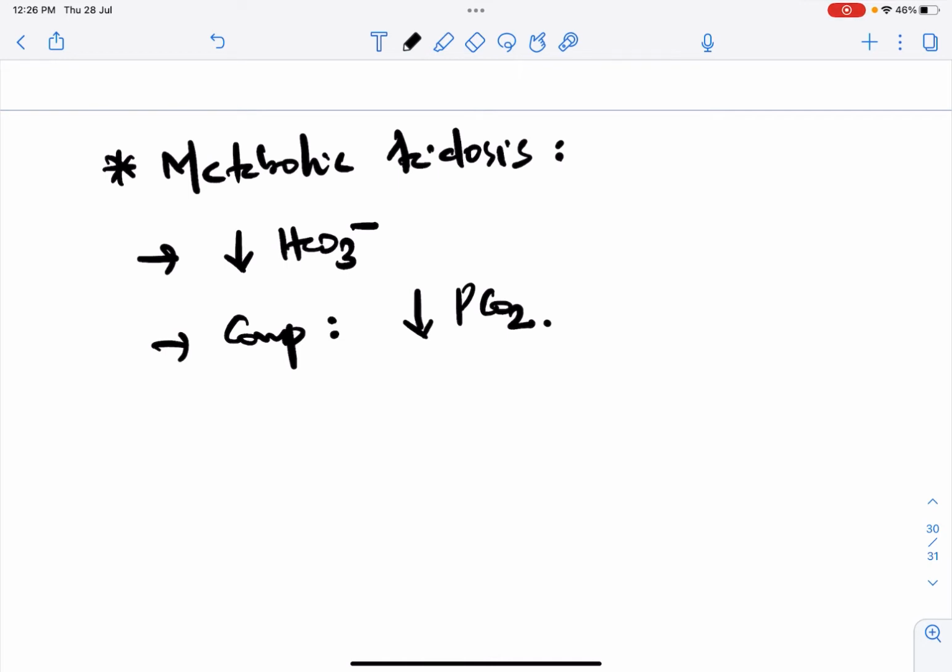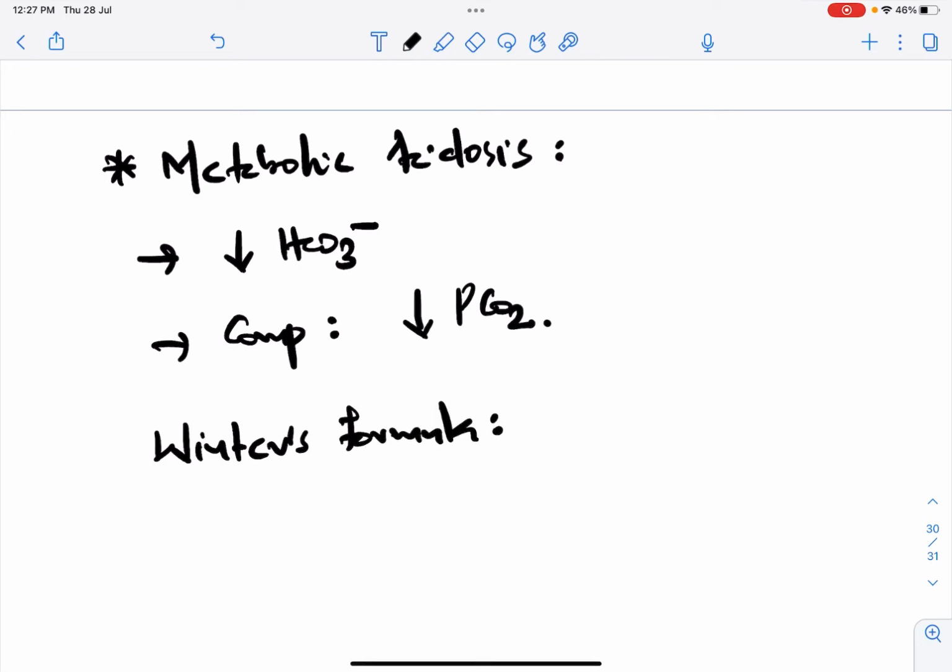So how can we calculate whether it is adequately compensated, or the compensation is inadequate, or there is a concomitant other disease like respiratory acidosis or alkalosis? Let us check. The formula used to check the compensation is called Winter's formula.